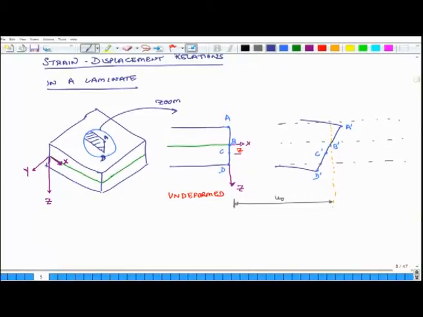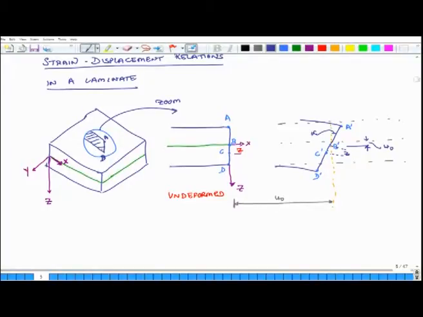So, how much have I pushed it down? The mid plane has gone down by a distance W naught. So, this is W naught. And the rotation has happened by an angle, let us call this angle alpha. And the distance B to C is still Z, and it does not change because we have said that the line AD does not stretch or contract in the Z direction.